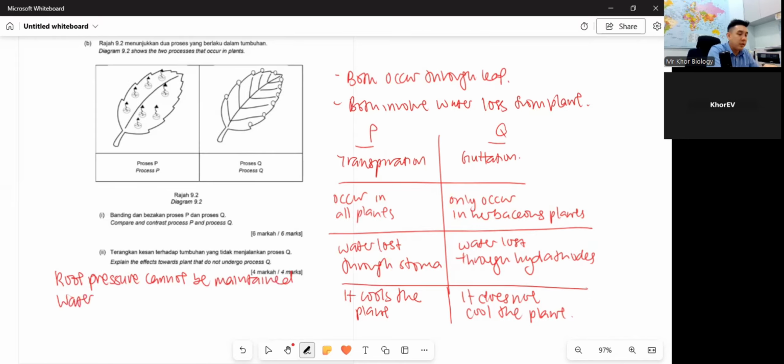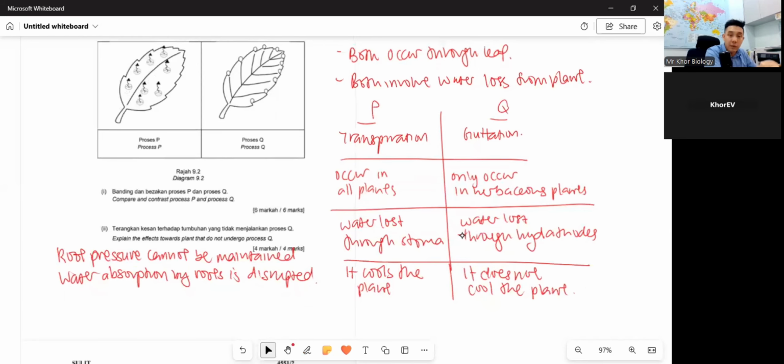Water absorption by the roots is disrupted, because we do not know to what extent, so using disrupted is very safe. Number 3, waste substances cannot be eliminated.